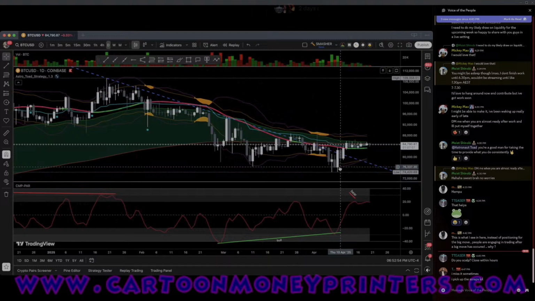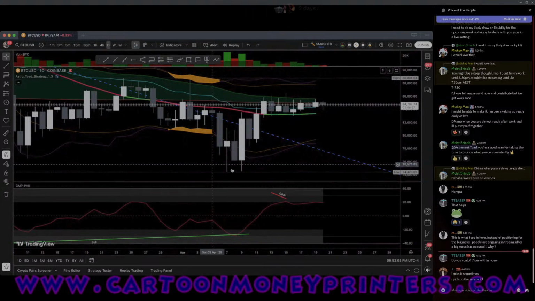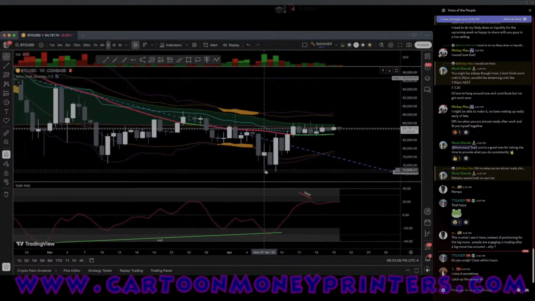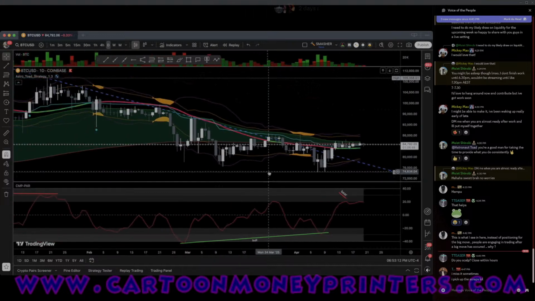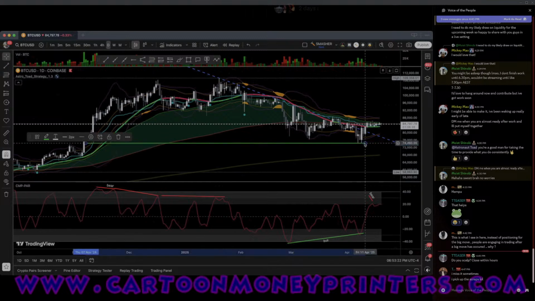And I think what it all comes down to is that there's a lot of different entry systems that people can claim to be perceptive enough to say, oh, well, I got in right at the exact bottom because I knew that for whatever reason over here, like if you're looking at one of these highs or this fair value gap right here, maybe you front ran that fair value gap right there and you got in at the exact best price.